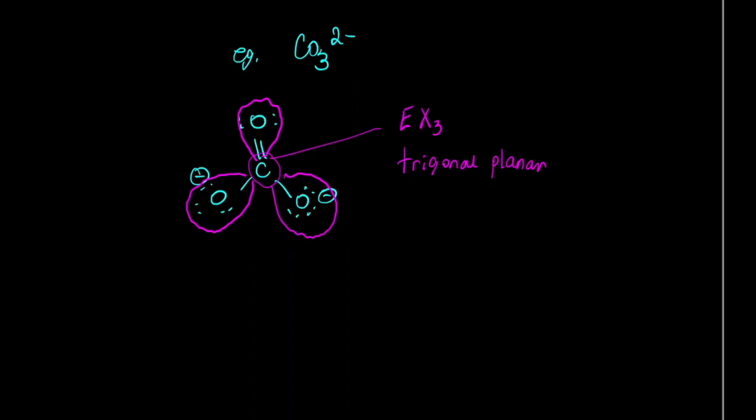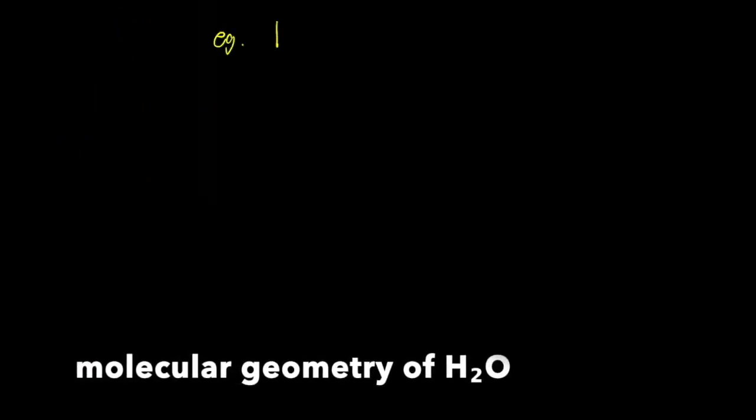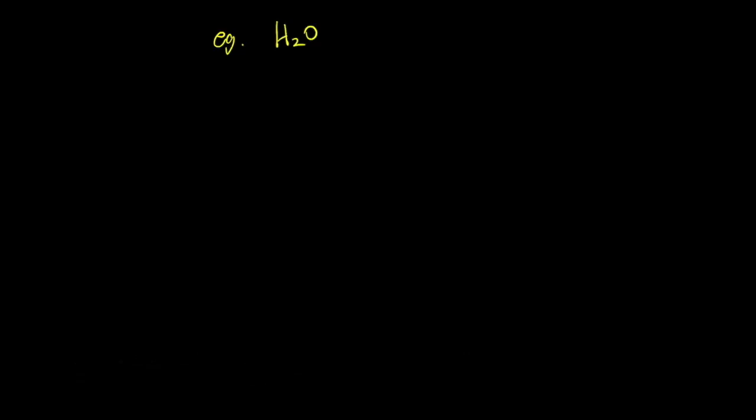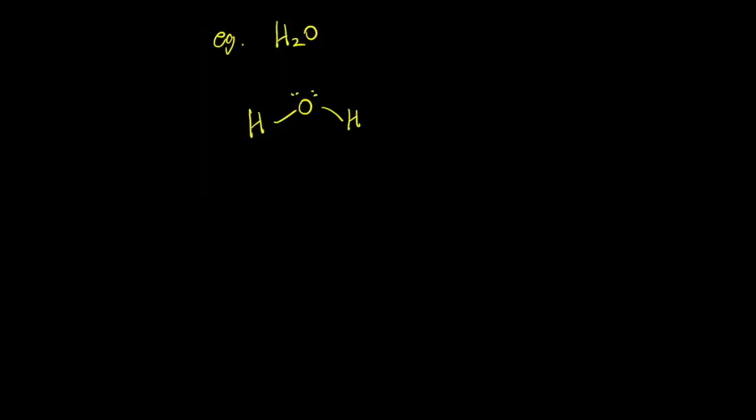And so let's review water. Water is this molecule here, as we very well know, okay? And this oxygen is bonded to one group, one electron pair group there, one unshared electron pair, and another unshared electron pair.